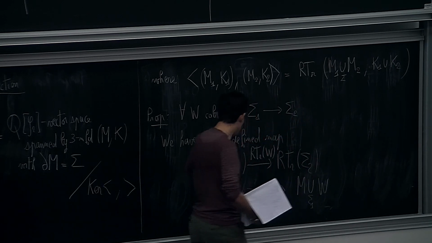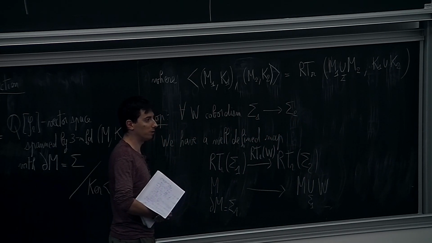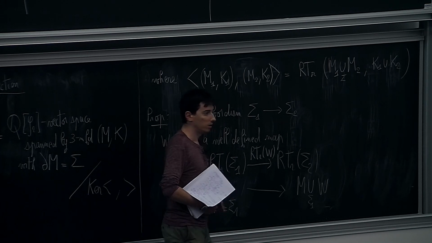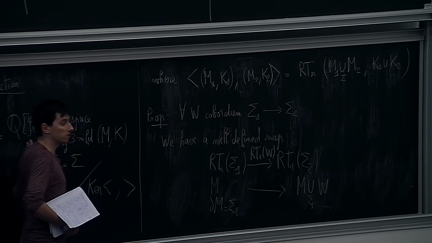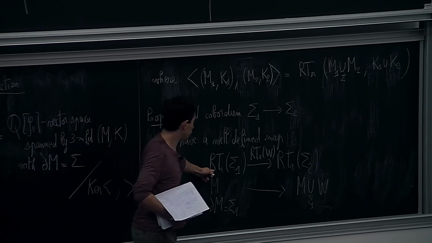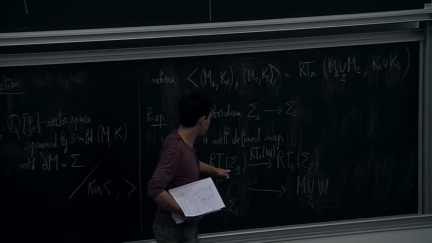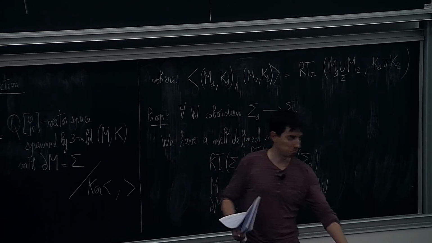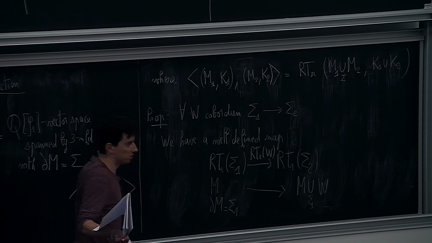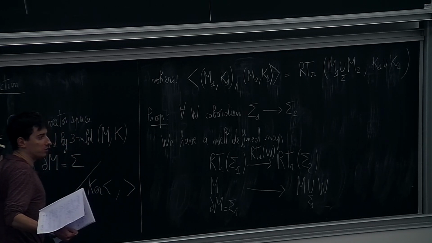So this map not only acts on this vector space, but it preserves the kernel. So it acts from the Reshetikhin-Turaev space of sigma 1 to that of sigma 2. Here I'm not using any property of the invariant RTR.